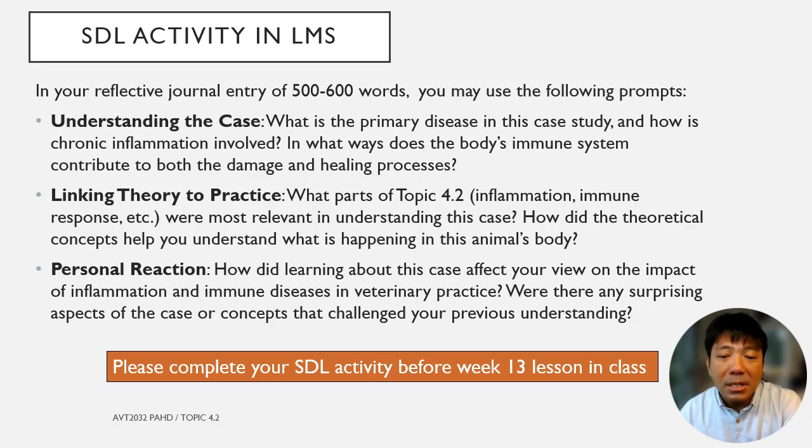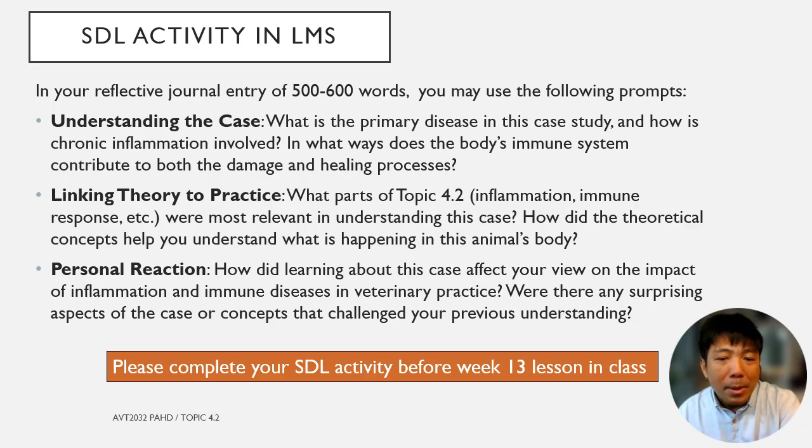And how do you link theory to practice? Which part of this topic 4.2 is more relevant in understanding this case, and how did the theoretical concept help you to understand what is happening to the animal's body?